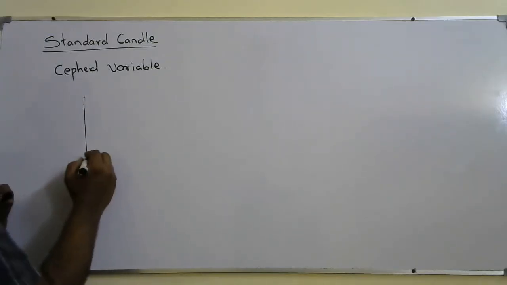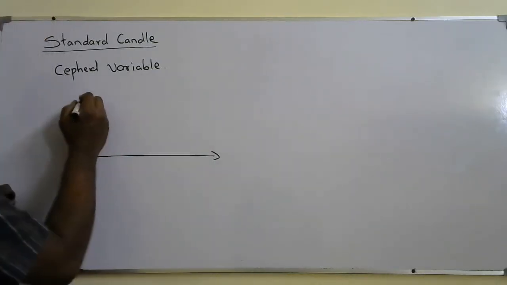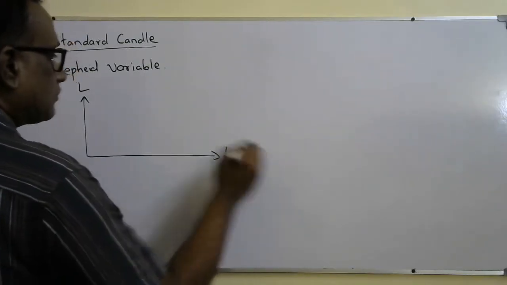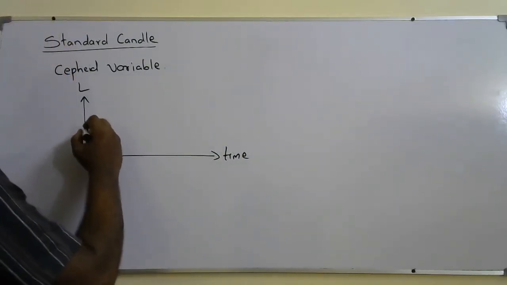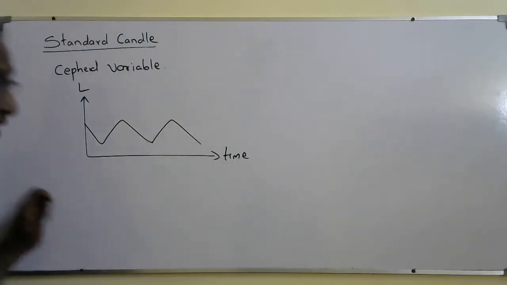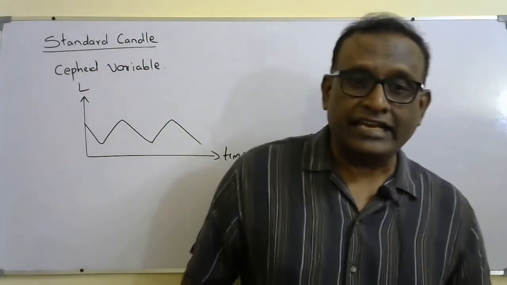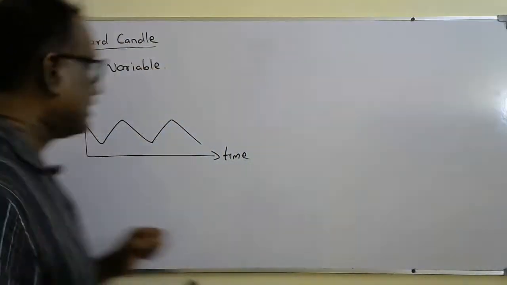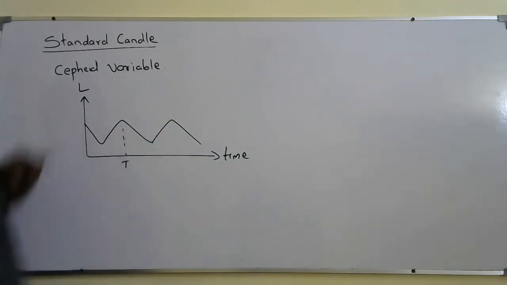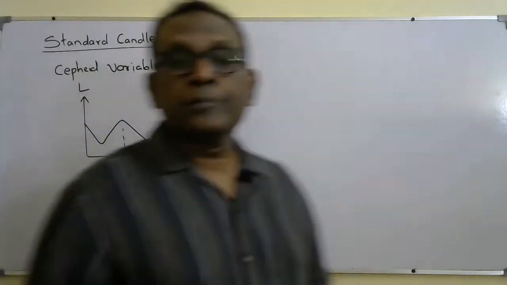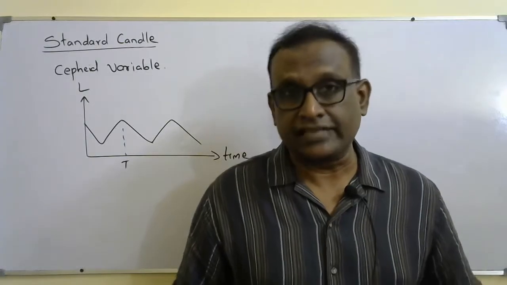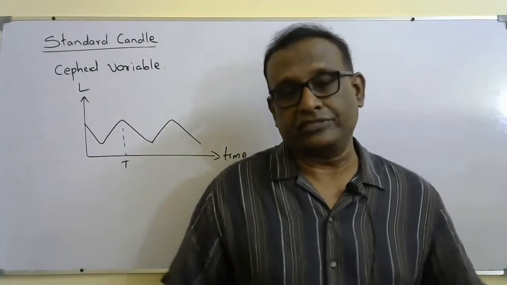If you see the luminosity of the Cepheid variable with time, there could be variations like this. At a proper time interval, there will be variation. Different Cepheid variables have different time periods. So this is one time period. This is the time period. So for different Cepheid variables, the time period of expansion and contraction will be different.